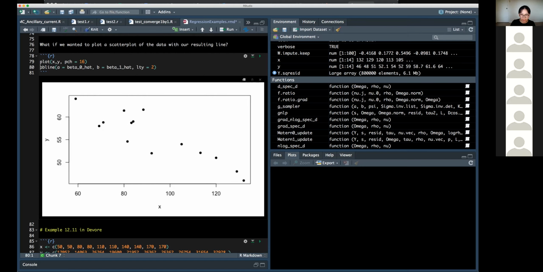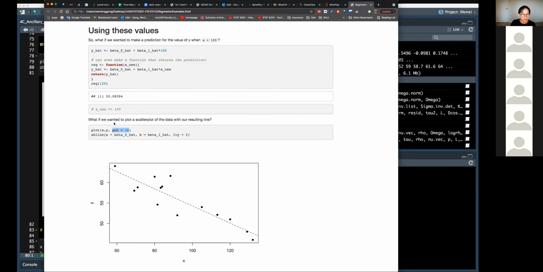Let me get back to this page. How do you add the regression line to it? You just use abline. You first do this plot always, and this is the function to add a line to this plot. When you add this line, you have to specify the intercept and the slope.